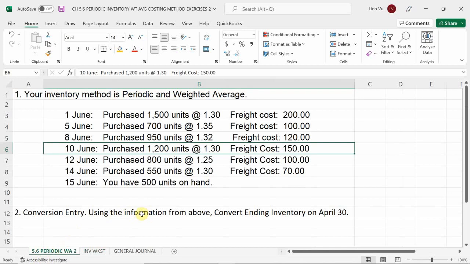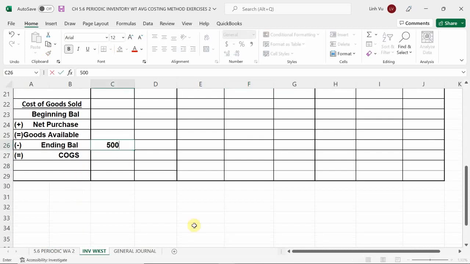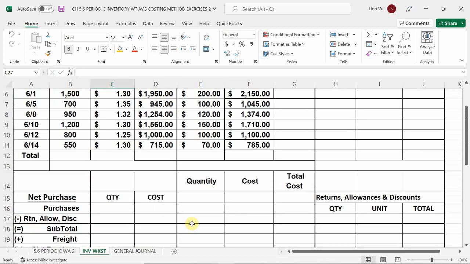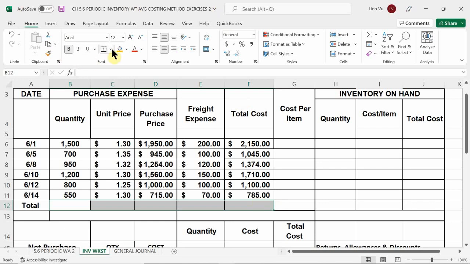June 15. You should have a total of 500 units left on hand. So that's what we know. We have 500 units, so we need to solve for our totals here. What was my total amount that I have purchased?